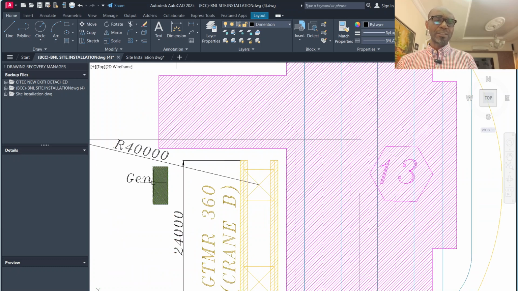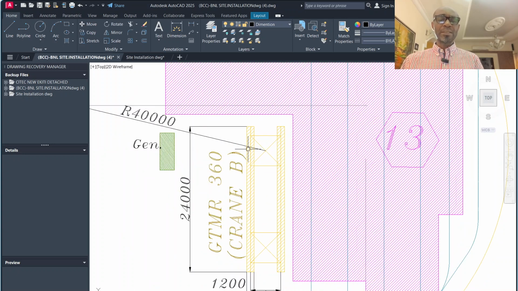And you can see there's an individual generator for this crane. And this crane has a rail, and the rail is not going to sit on the bare ground. The rail is going to be on a reinforced concrete beam. That is where you have the tracks, and the tracks will be laid on that reinforced concrete beam.